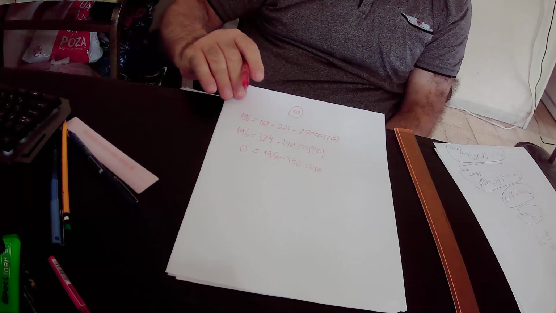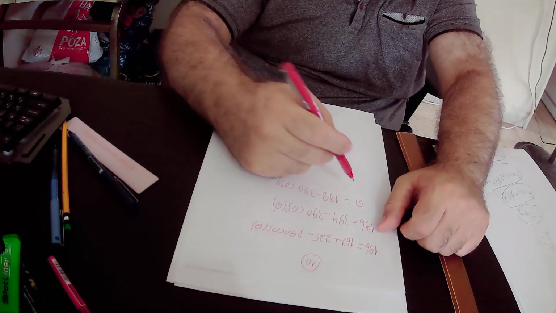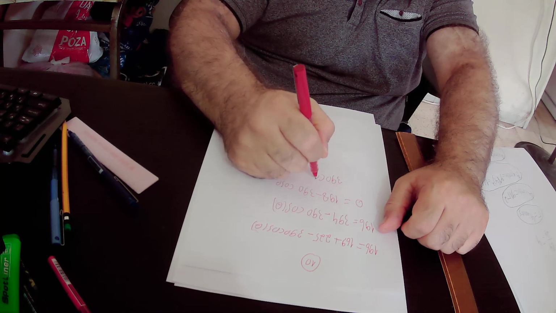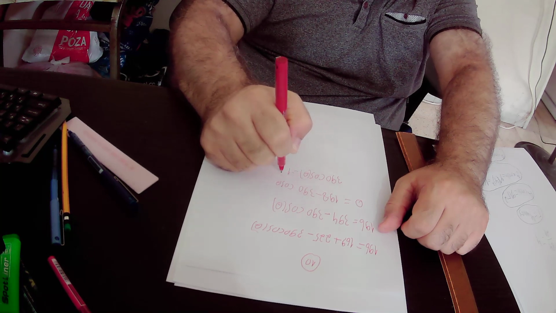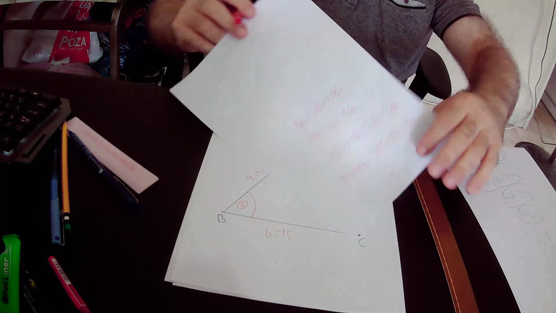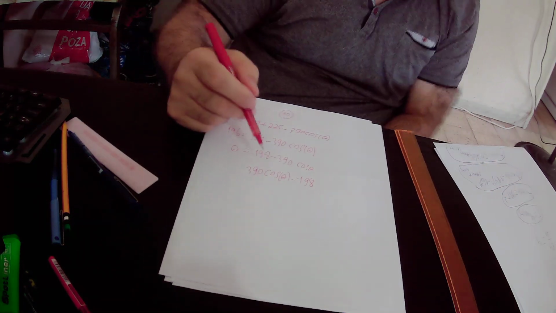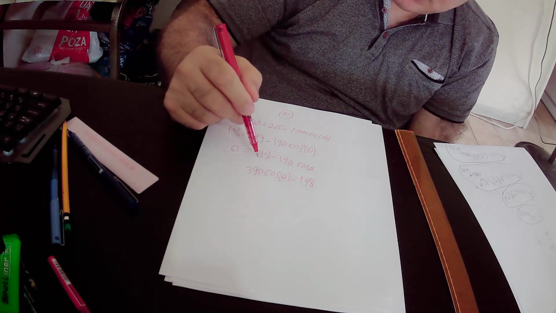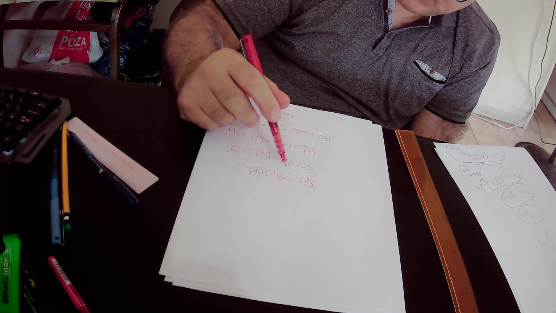Okay, so in total we got 390 cosinus theta equals 198. Here we will divide this equality by 390 in order to get the value of cosinus theta.